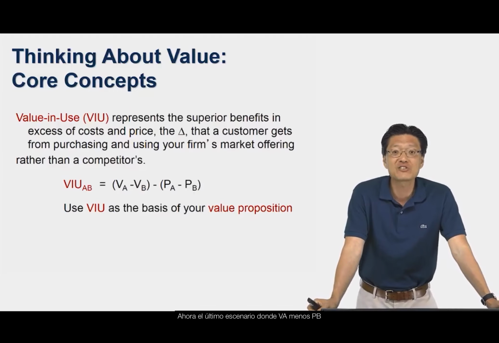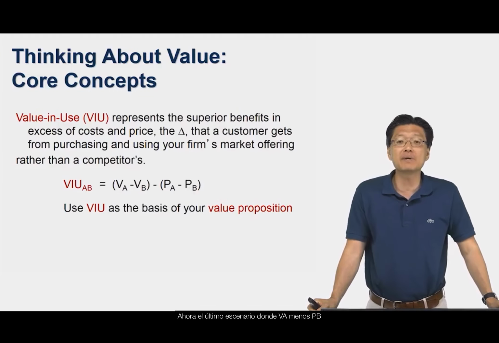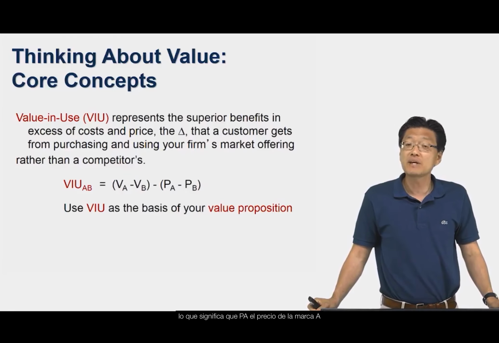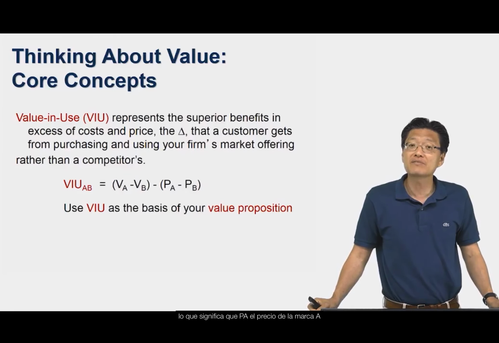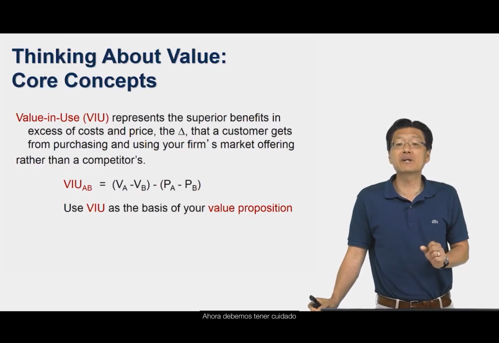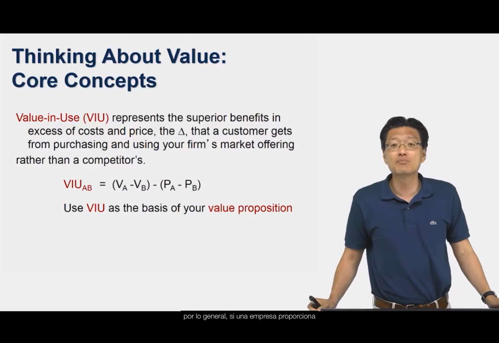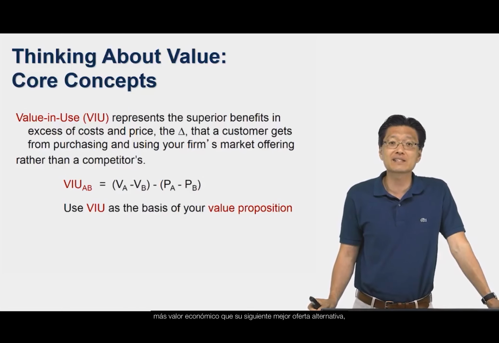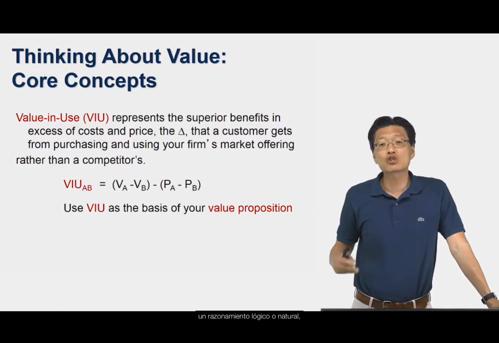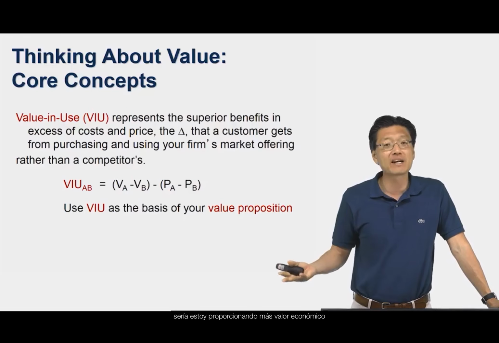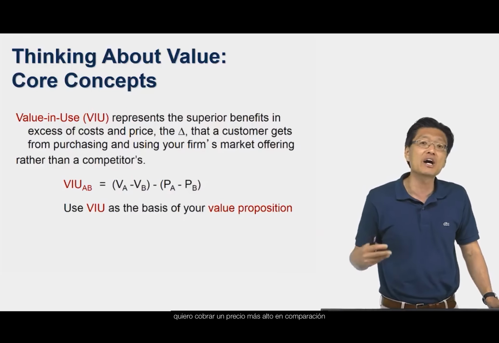Now, the last scenario, where PA minus PB is greater than 0. This means that PA, the price of brand A, is greater than the price of brand B. Now, we have to be careful here. Typically, if a company provides more economic value than its next best alternative offering, a natural reasoning would be, since I'm providing more economic value, I want to charge a higher price.